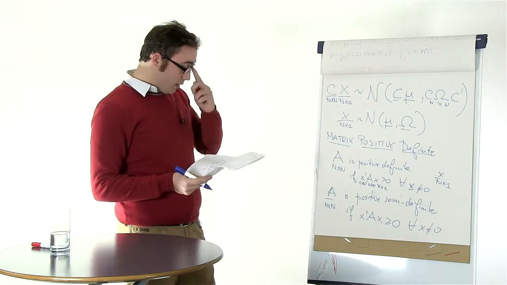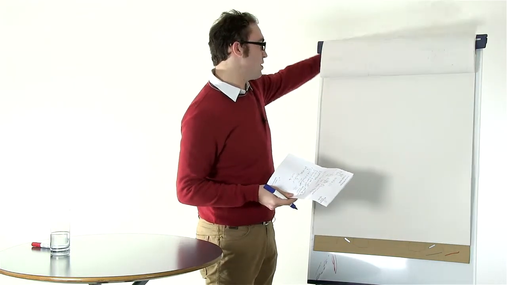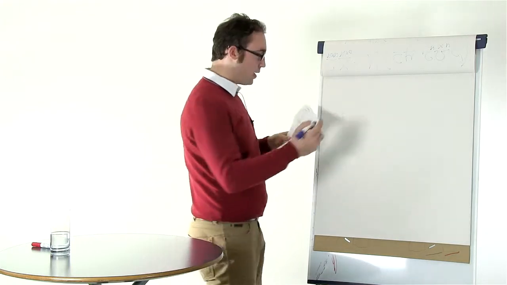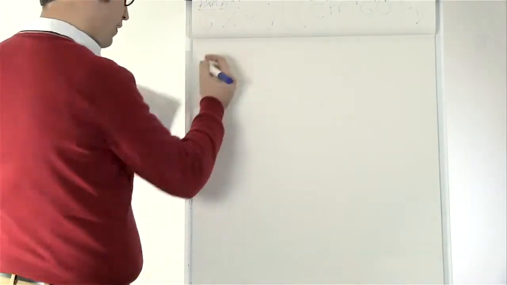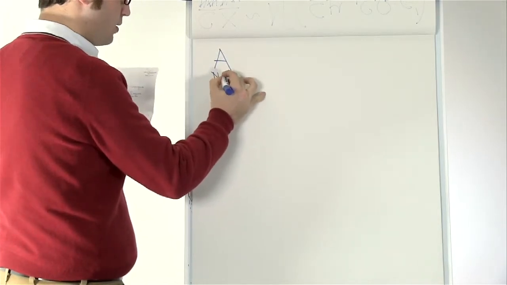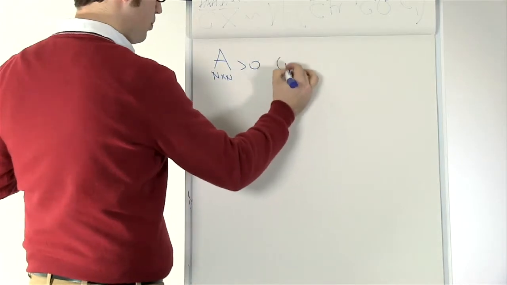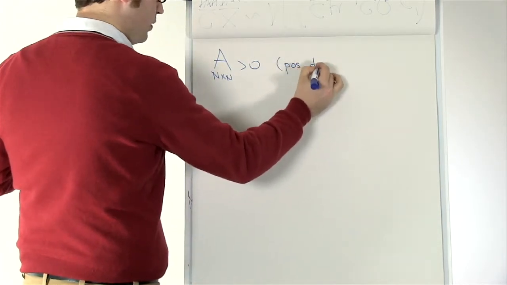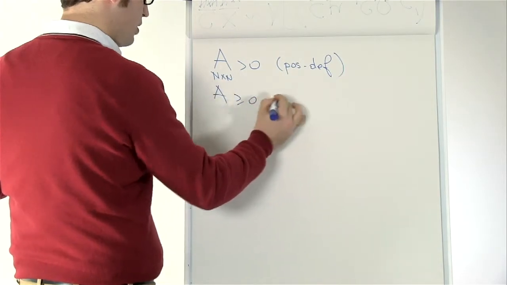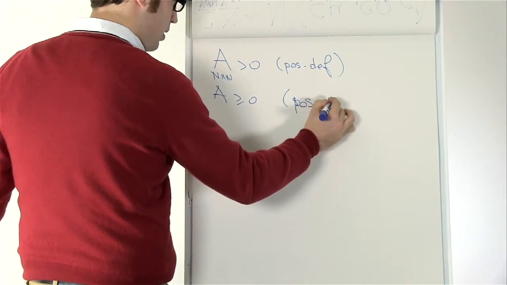Usually in econometrics or in some texts, we see this kind of notation: if A is positive definite, then we write A greater than 0, and if A is greater than or equal to 0, then it is positive semi-definite.